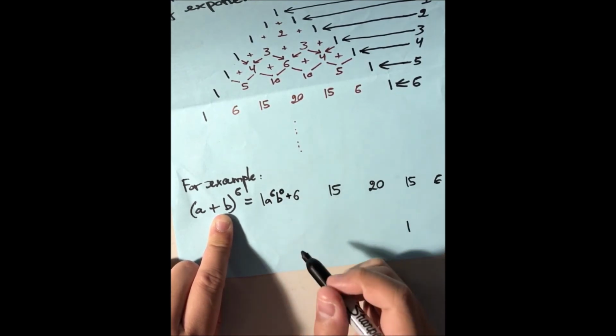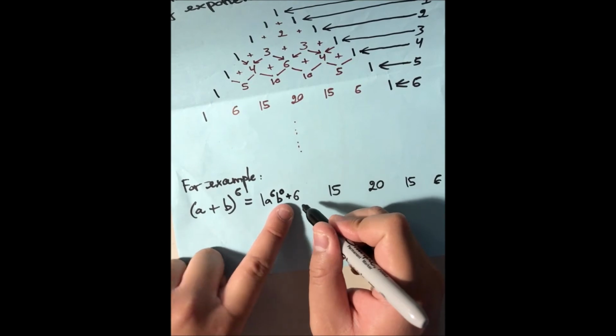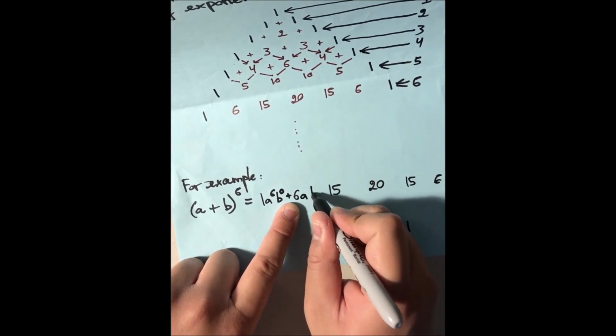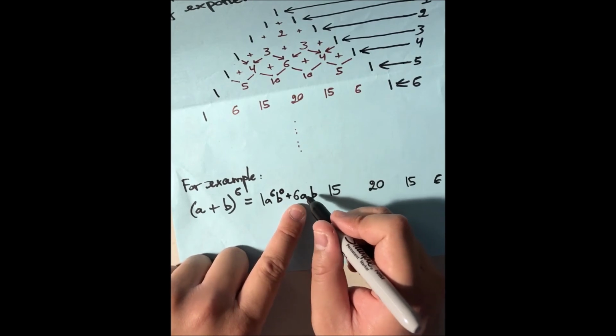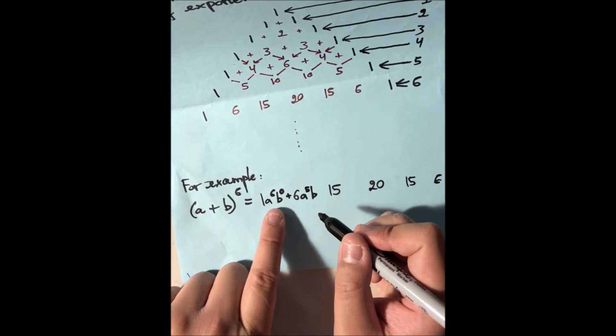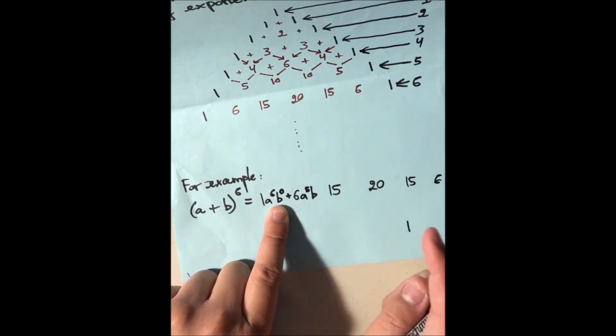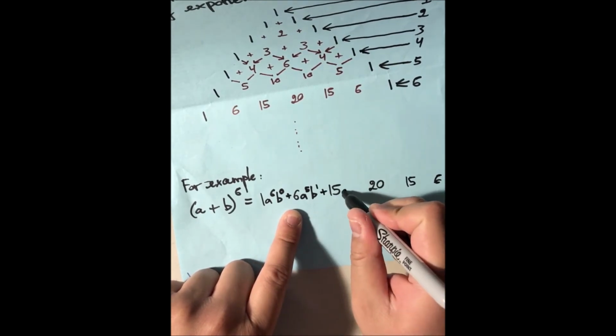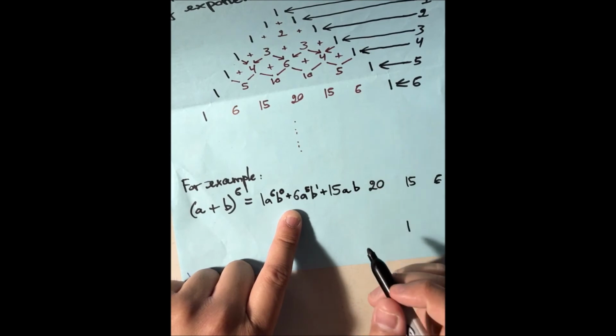And then plus the coefficient 6 multiplied by the first term and the second term. But now the first term has degree 5, which is 1 less than the previous one, and the degree of the second term increases by 1, so this is an exponent of 1.